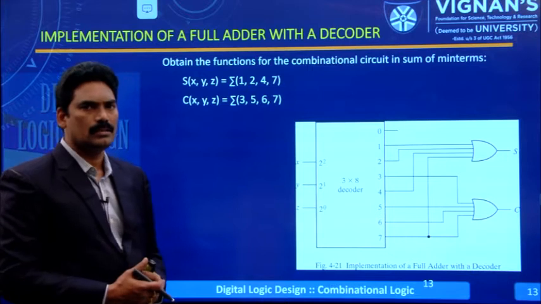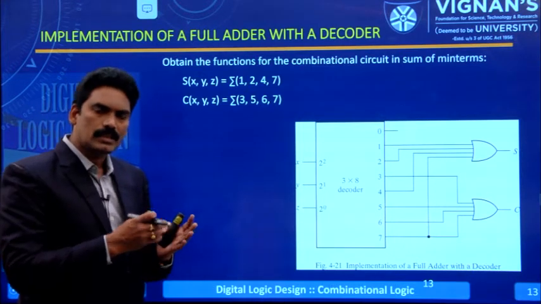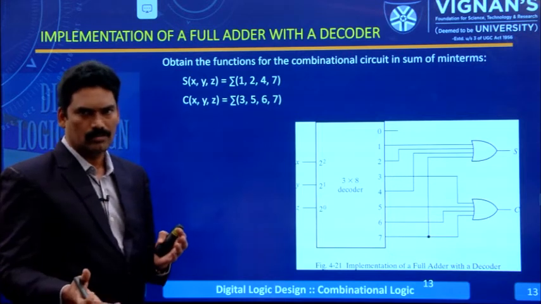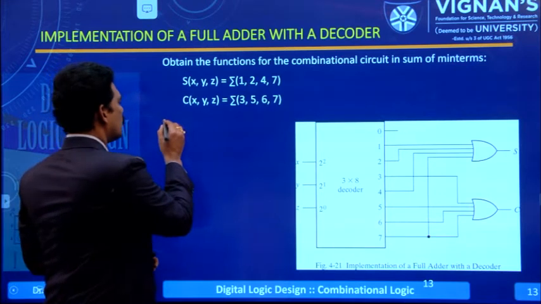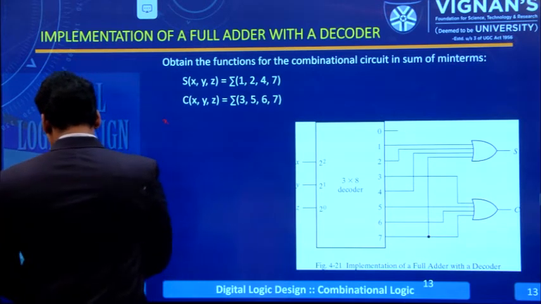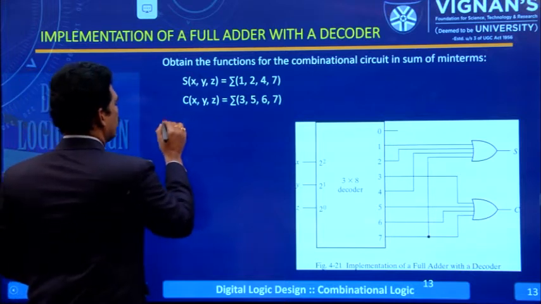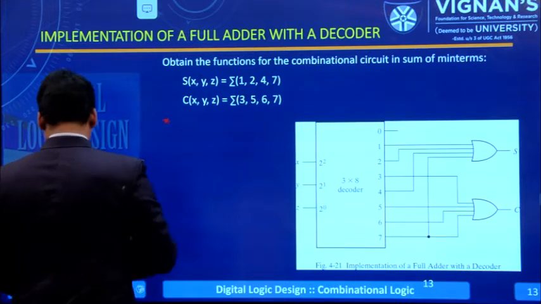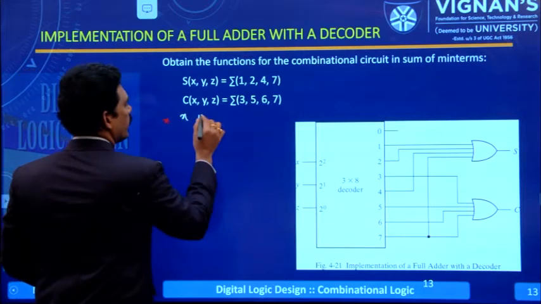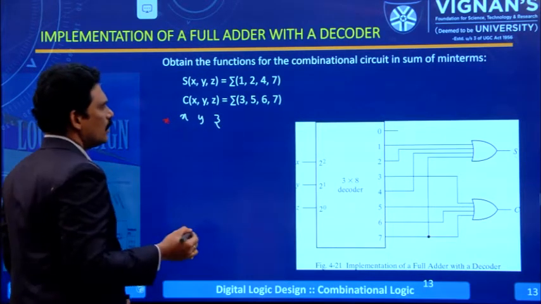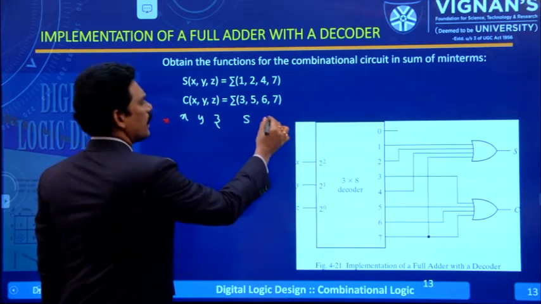What is a full adder? A full adder is a combinational circuit which adds 3 bits at a time. Suppose the 3 bits are x, y, z. What are the outputs? Sum and carry.